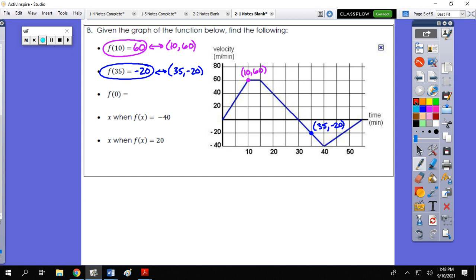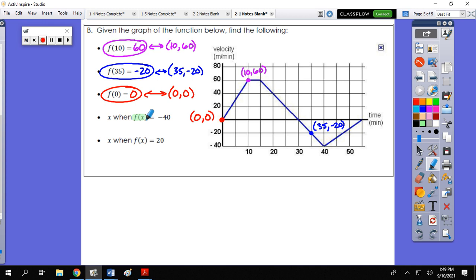Okay, next up, f of 0. Well, 0 is right here, the point 0, 0. Okay, tells us that f of 0 is equal to 0. Alright, then we turn our attention to going the opposite direction.